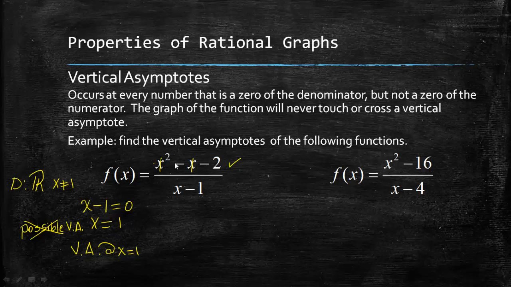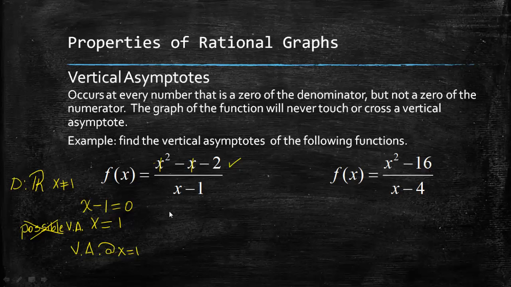If I plug that into the numerator and I get a 0, that means that that x makes the numerator and the denominator 0, both of them. Then I have to further investigate to know if it's a vertical asymptote or a hole.